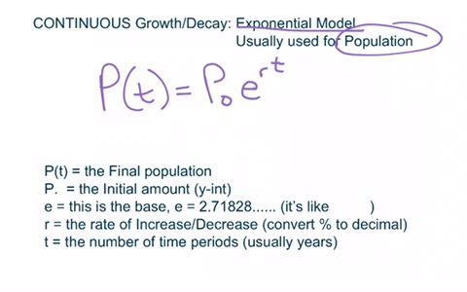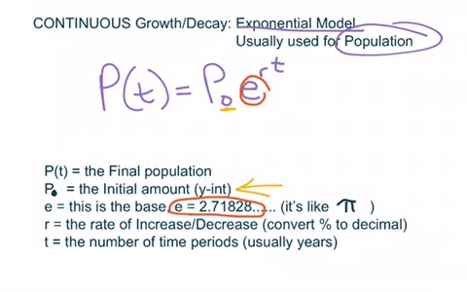Now, a couple of things I need you to notice. This 0 is subscript. P of 0, just like before, is our initial amount. It's our y-intercept. The E is new. E is a number just like pi.